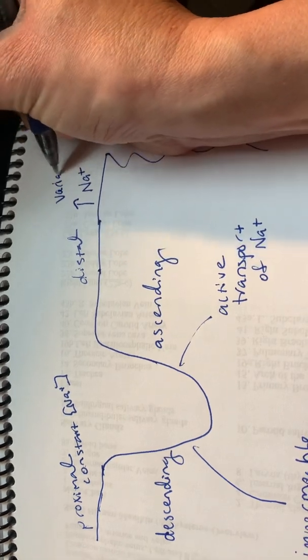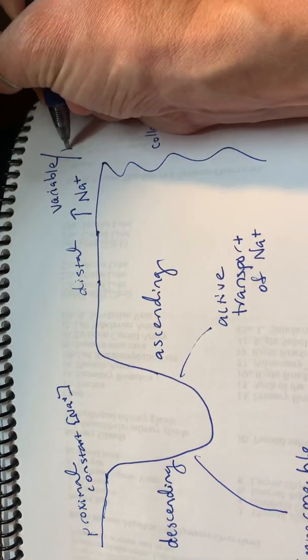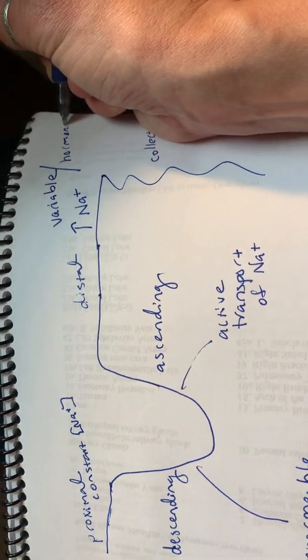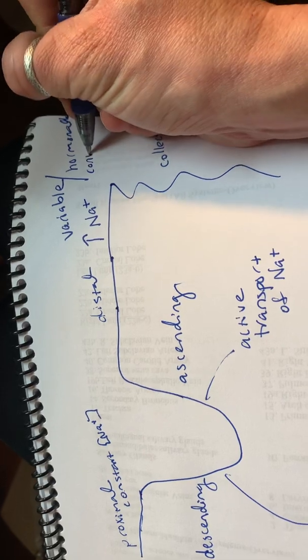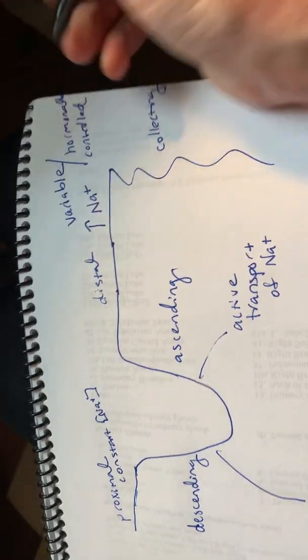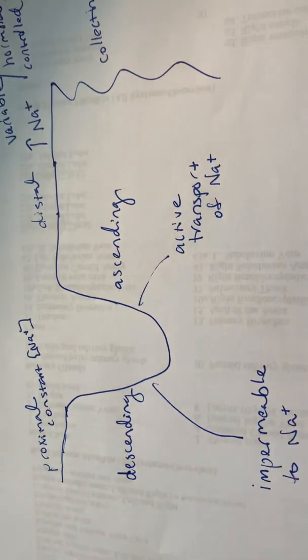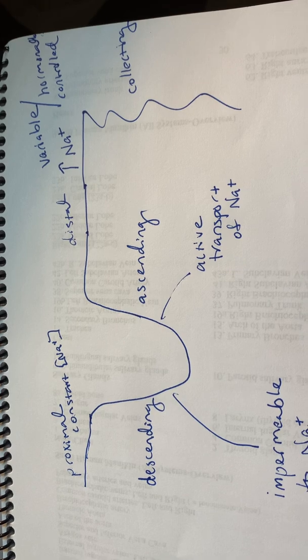So sometimes it's called variable sodium reabsorption, sometimes it's called hormonally controlled. And you'll likely see a question asking, where in the nephron would you have constant sodium reabsorption, and where would you see it hormonally controlled?